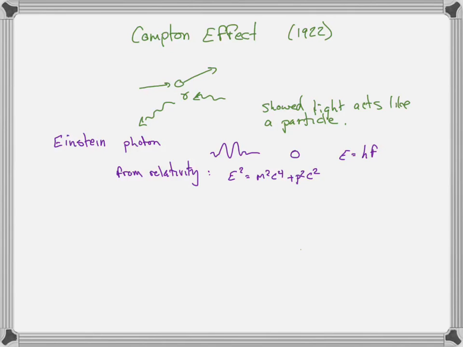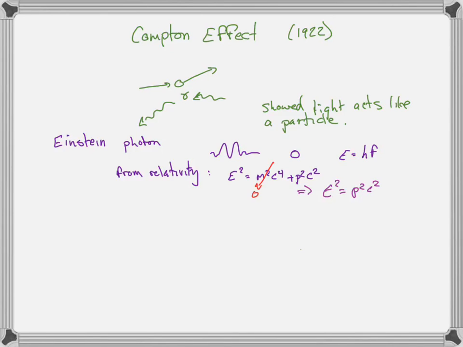The easiest way to show this is to go back to relativity and remind you that one of the very last things we said when we were talking about the momentum and energy of relativistic particles is the relationship between energy and momentum is this. And we simply look at the fact that if it's massless, then this quantity goes to zero, and so therefore E squared equals P squared C squared.